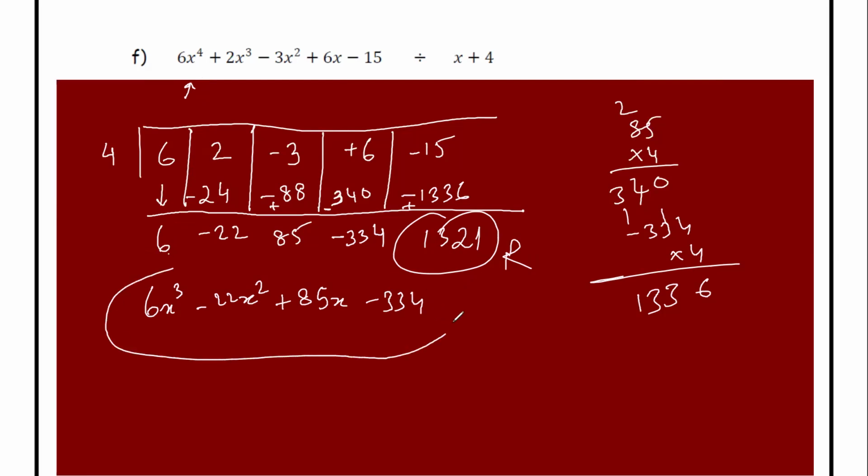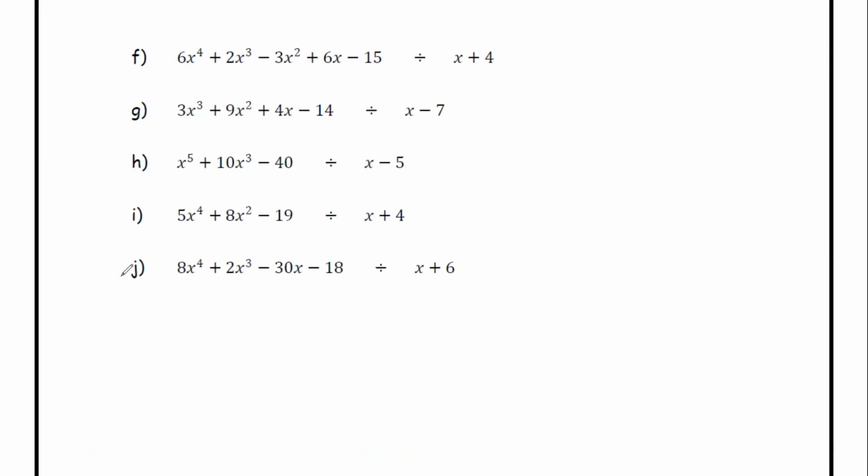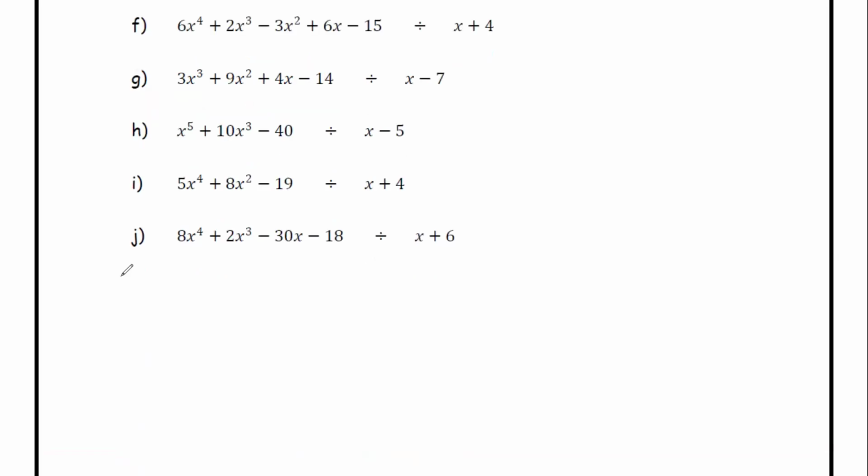That's my quotient. Has to be one less power than the actual one, okay? So all these steps you'll have to memorize. G. Yeah, so it is difficult. It's not that easy. Okay.